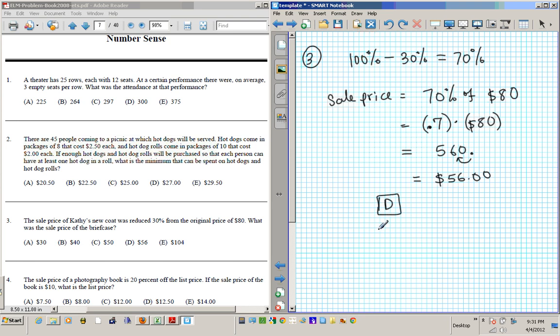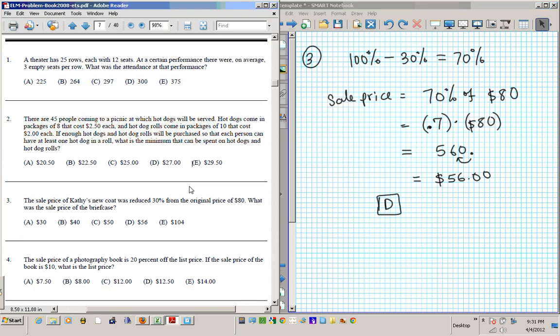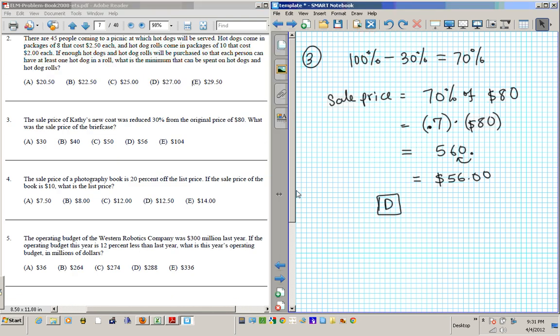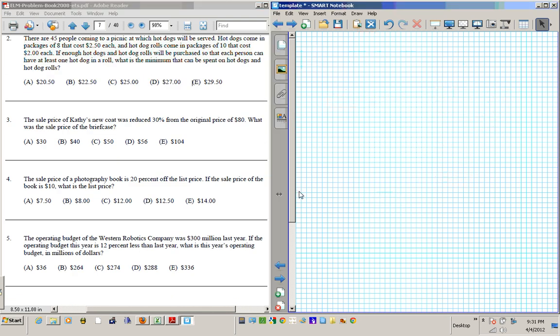All right, let's move on to question number 4. It says the sale price of the photography book is 20% of the list price. If the sale price of the book is $10, what is the list price? In this case, we're working backwards. How do we do this?